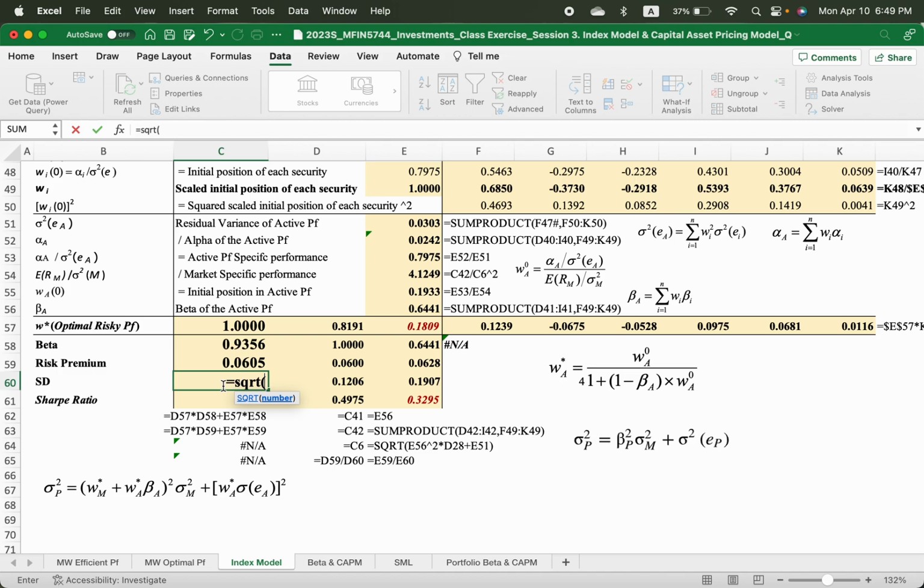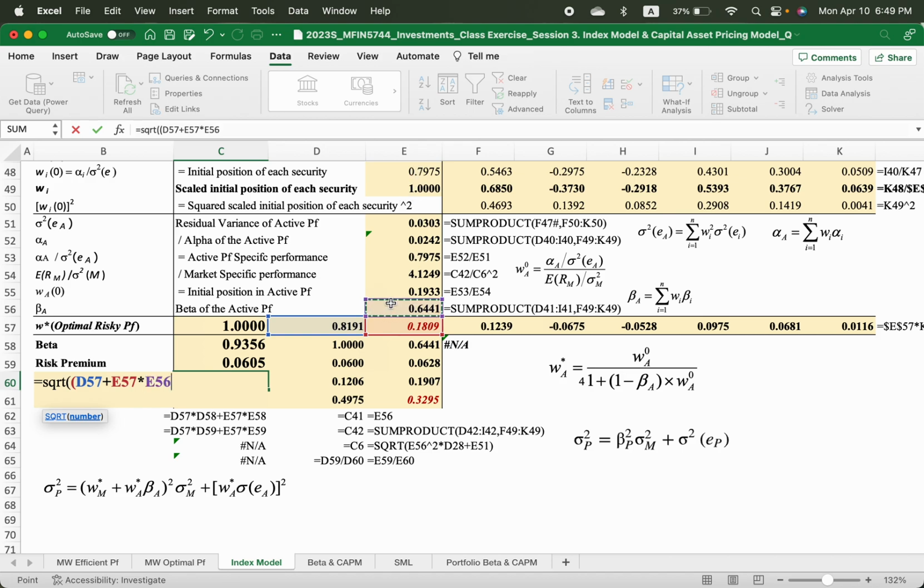So again, how to get it? Let me put one more parenthesis. The weight, right? Exactly this formula. Weight plus now this weight times, where's the beta of the active portfolio?